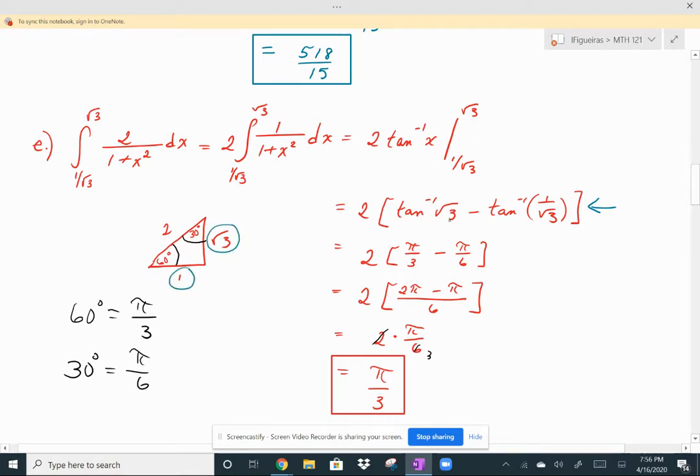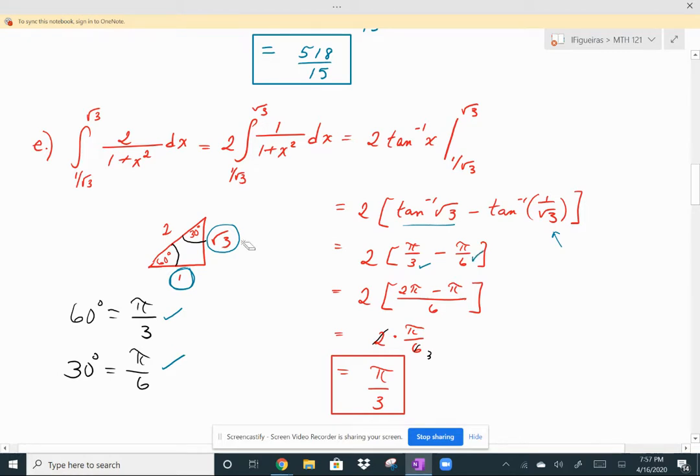So that's the first one. And 60 degrees is equivalent to pi over 3. So that's why you see this here. And 30 degrees, again, tangent of 30 degrees, opposite is the 1, adjacent is the root 3, so that's what you see here. So that one corresponds to 30 degrees, which is pi over 6, which I put here.